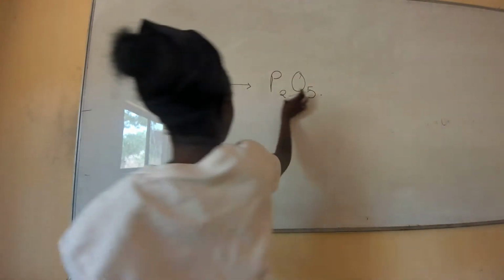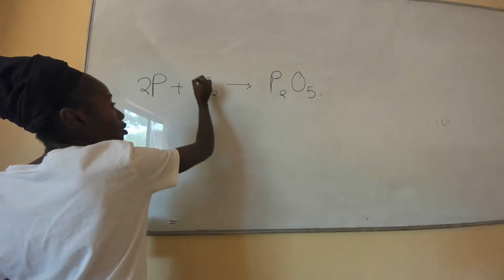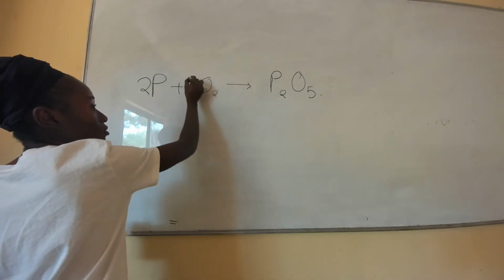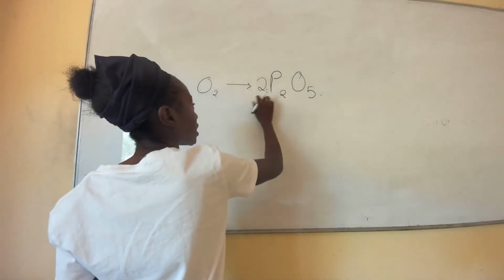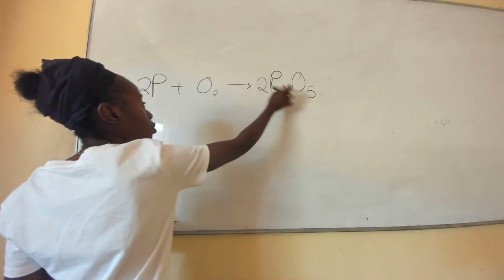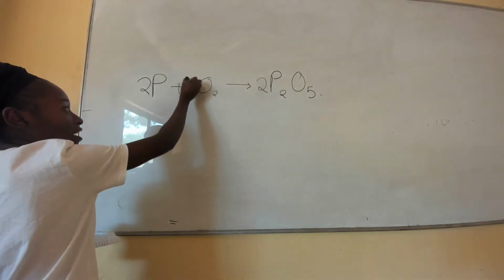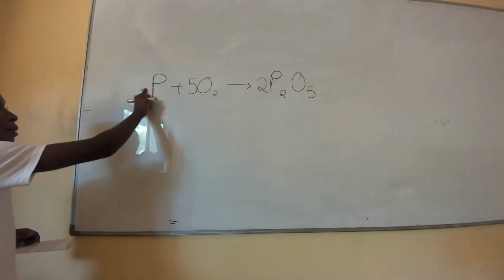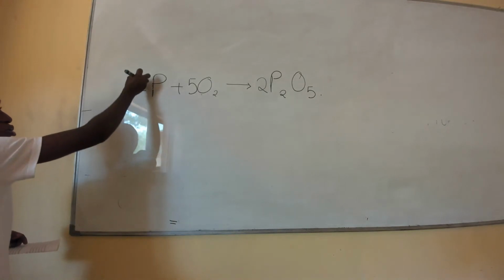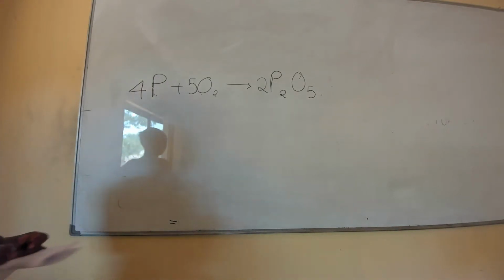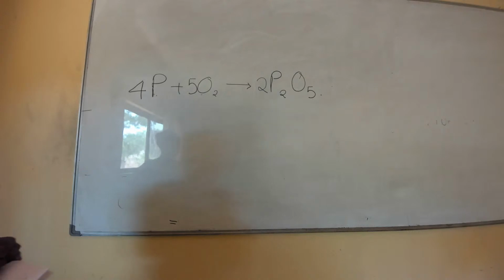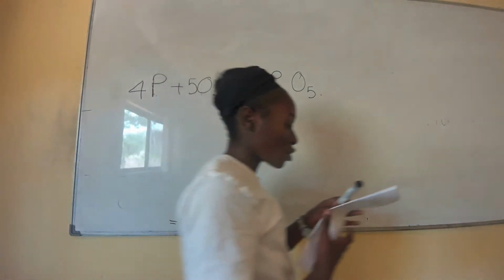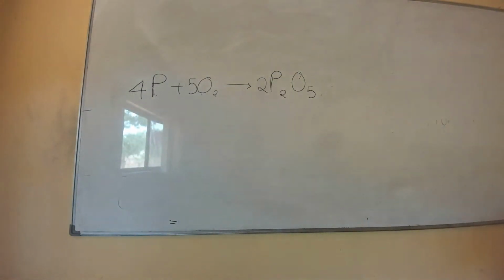To balance the oxygen, we introduce a 2 there, meaning the oxygen will have 10, and then we introduce a 5 for oxygen, so we equally have 10 on this side. Then we introduce a 4 on the P. So the equation is balanced. A mark was given for just indicating the balanced equation.